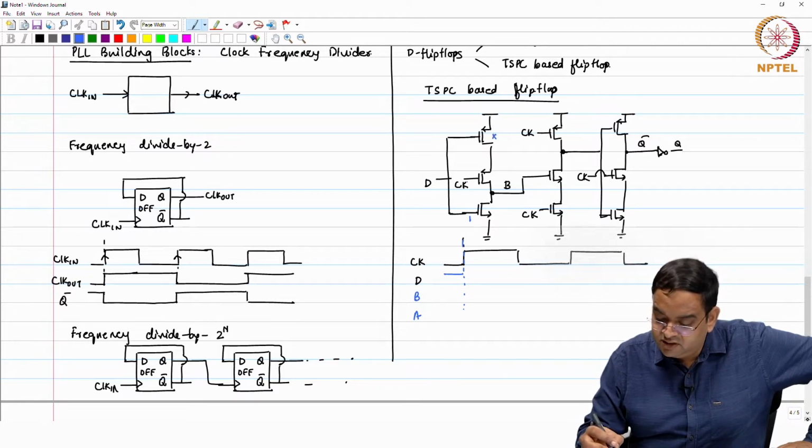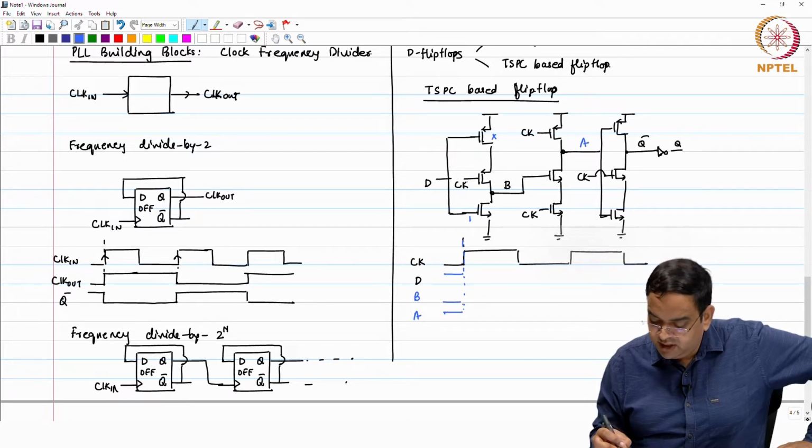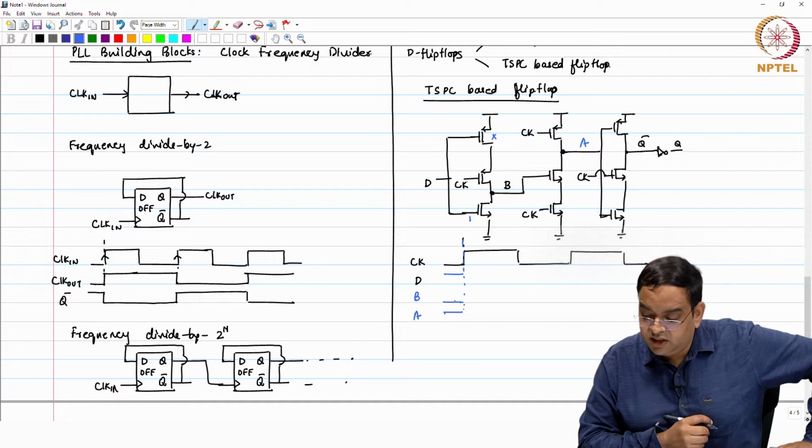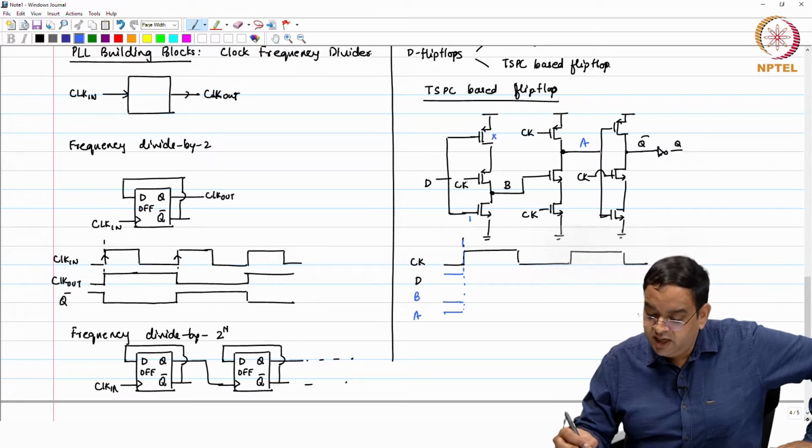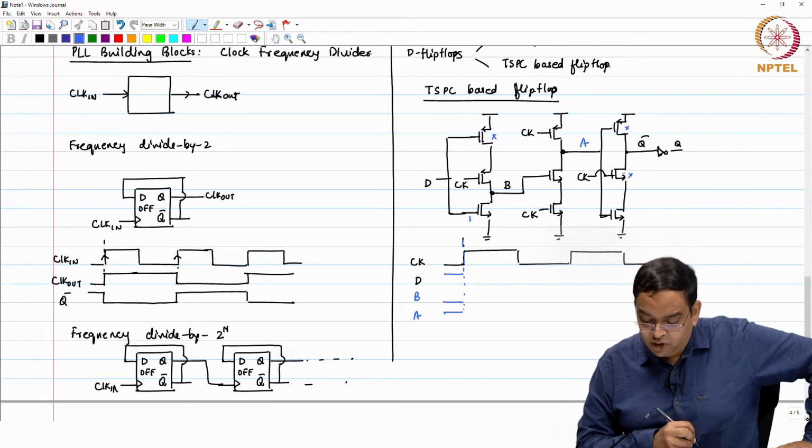So, this transistor is turned off. D is 1 means B is 0. B is 0 and clock is 0, so this particular signal A is 1 irrespective of the input. At clock 0, A is 1. Now, A is 1, this transistor is cut off, whatever Q bar value you have, it will be there, and this transistor is also off.